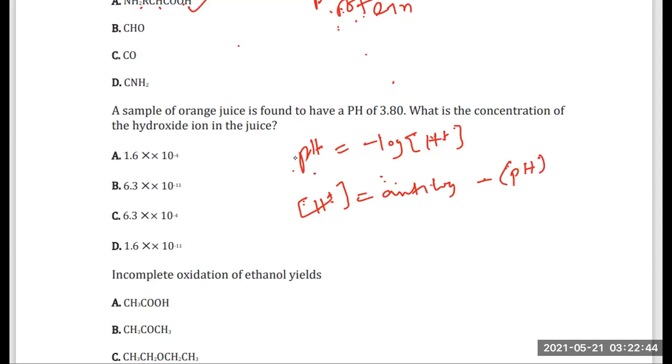So that's the hydrogen ion concentration. All I need to find is the antilog of minus 3.80. Just press your calculator, and that gives you 6.3 times 10 to the minus 4. Just find the antilog and you are away there.